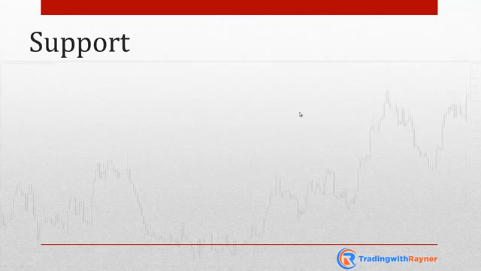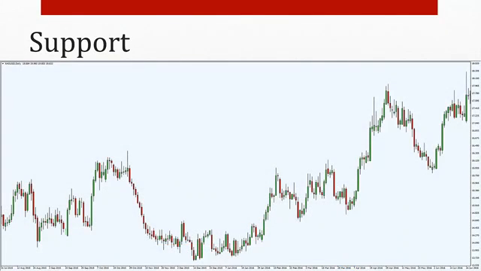Let me explain. You can see this chart over here, and it doesn't matter what time frame or what market this is, these are pretty much universal principles that you can apply. You look at this chart, this is an area of resistance, right? Price broke out of it and then it pulled back. Where did it pull back into? Previous resistance, now turned support. Then price rallied higher once more and pulled back once again.